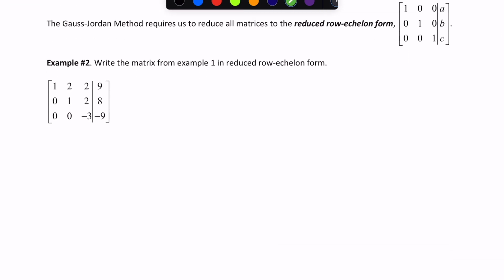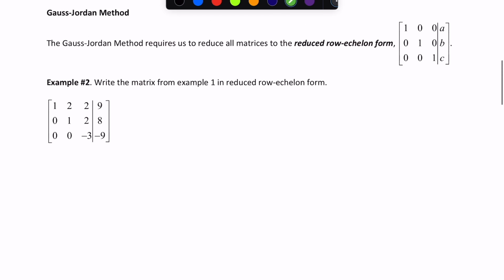So again, the Gauss-Jordan method requires us to reduce all matrices to the reduced row echelon form. As we see here, this is X, Y, and Z. Those are all the 1 values across.